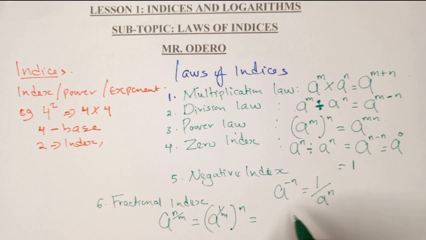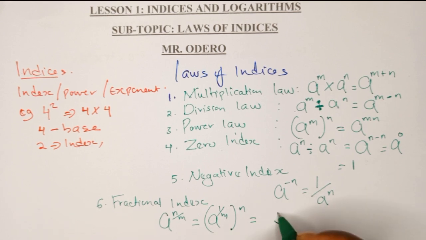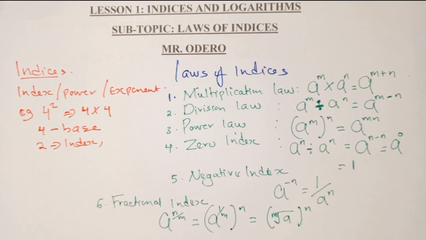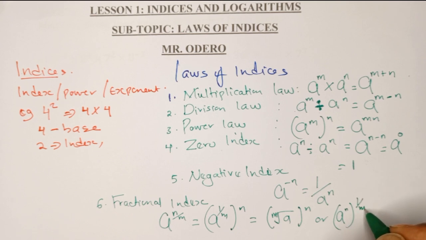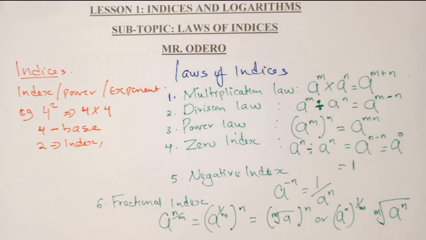This one can be written as the m-th root of a raised to n, or it can be written as a raised to n, then 1 over m, which is the m-th root of a raised to n. And these are the laws of indices that we have, where a, m, and n are integers.